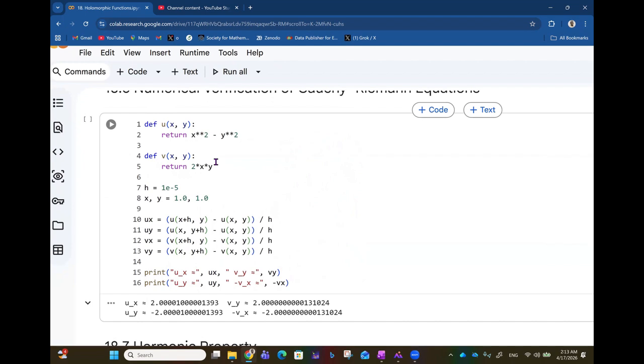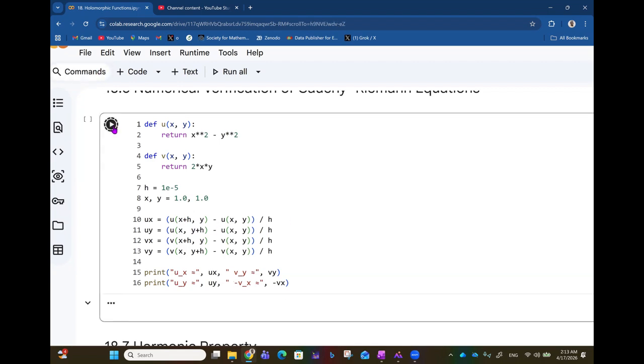So imagine we define u in terms of x and y, and we want to return x squared minus y squared, and we define v in terms of x and y, and we want to return 2xy. Taking a very tiny h, we do the derivatives. So we define u of x plus h comma y, and do all of that.